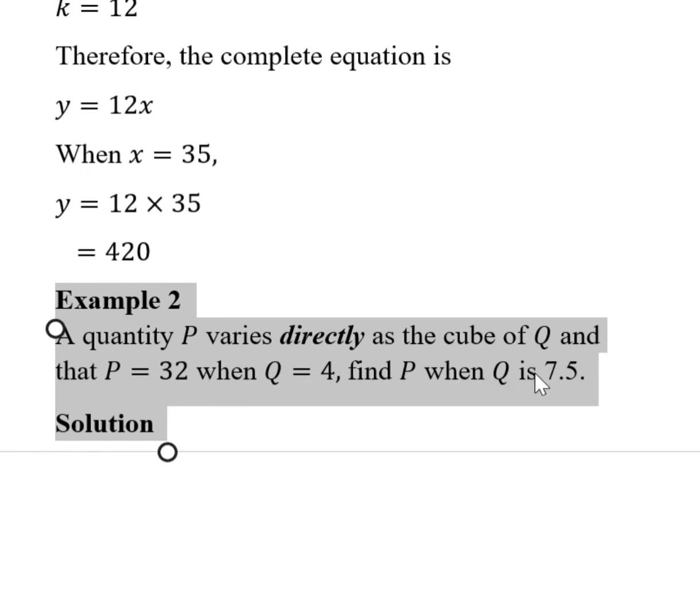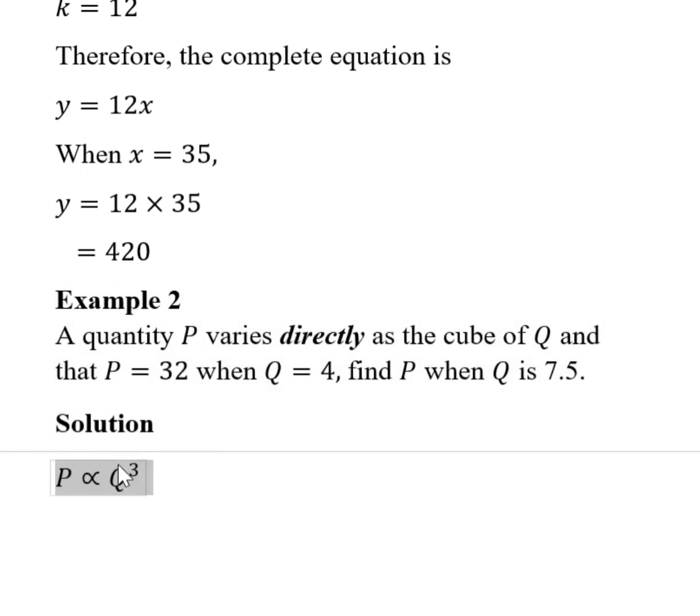Find p when q is 7.5. First of all, we need to give that question the relationship mathematically. So we shall say p varies as q cubed, because we are told it varies as the cube of q. Cube of q means q cubed.